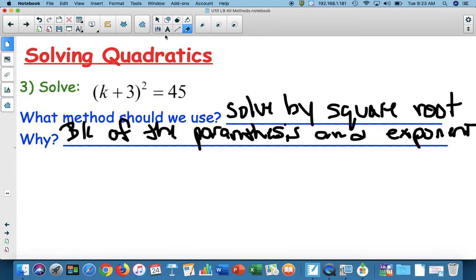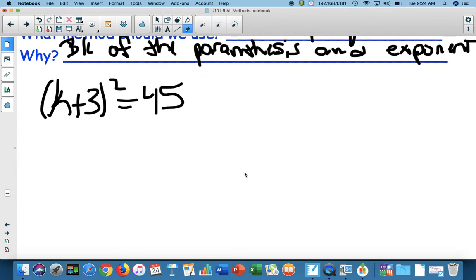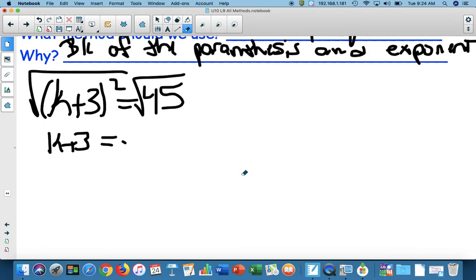So, we have k plus 3 squared equals 45. Square root both sides. So I have k plus 3 equals the square root of 45.